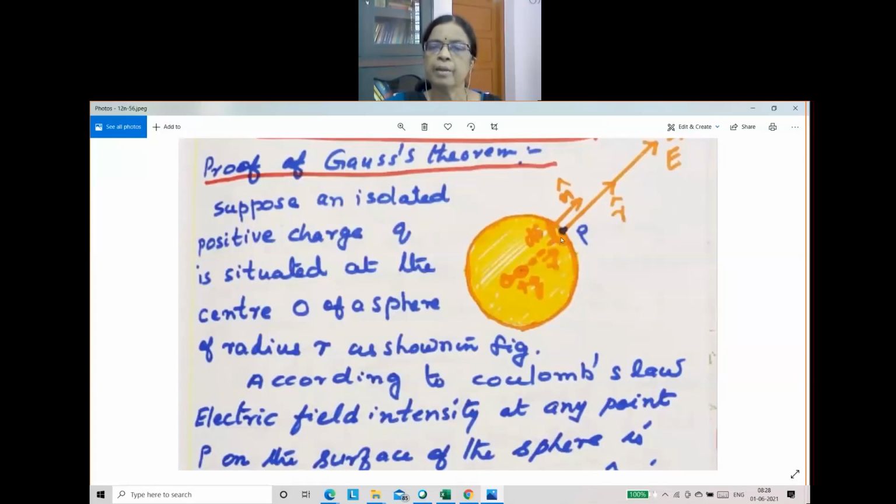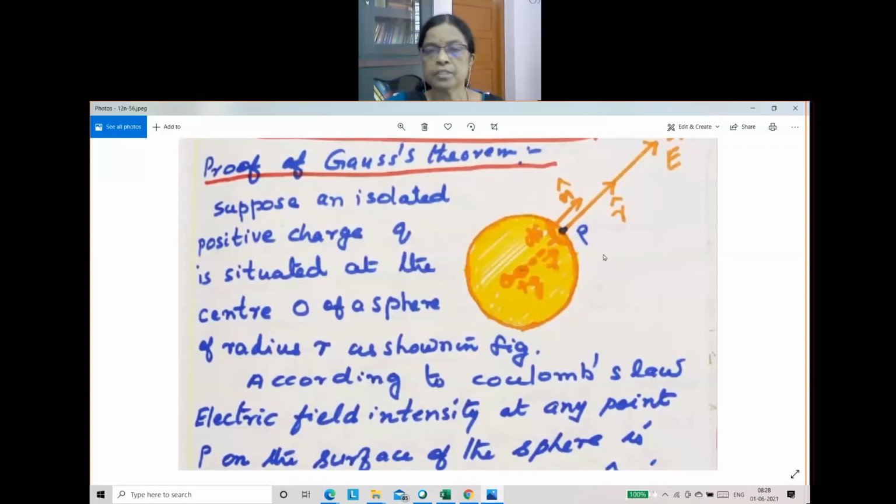You draw a normal and mark the direction of the electric field. Both are in the same direction, so you can write that vector E and vector ds make an angle 0. You have considered a point P here. At point P, we consider a smaller area, and what is the flux passing through it, and what is the total flux passing through that?